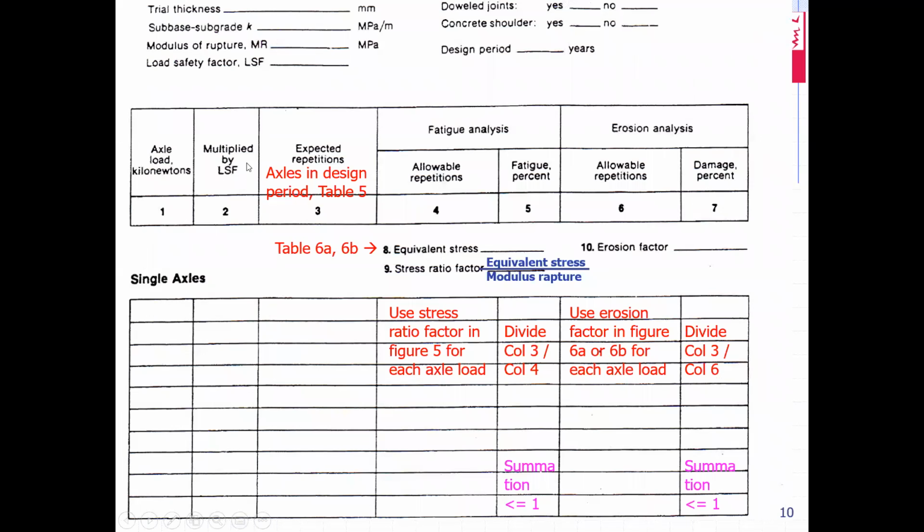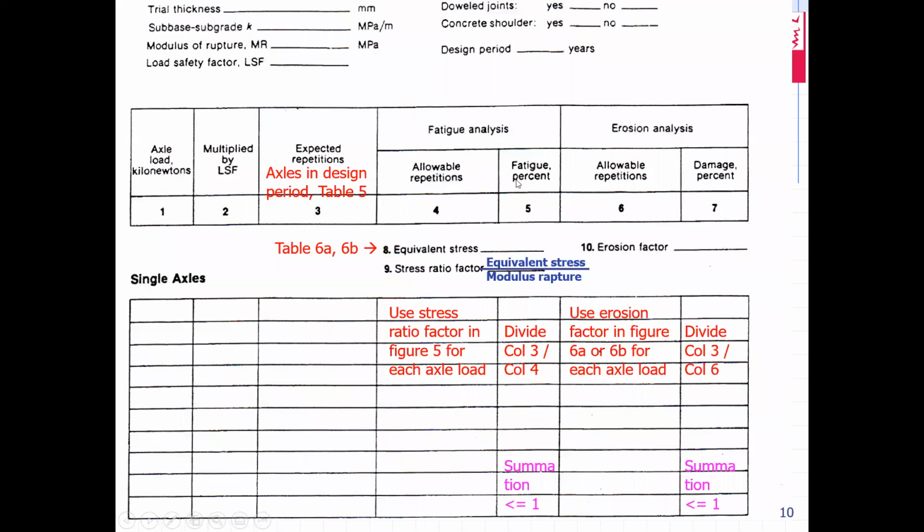Then you multiply that by the load safety factor. So the 133 by 1.2 will give you 159.6. The 115 by 1.2 will give you, and so on and so forth. The next column is the expected repetitions. The expected repetitions are based on table 5. I'll show you that table in a moment.